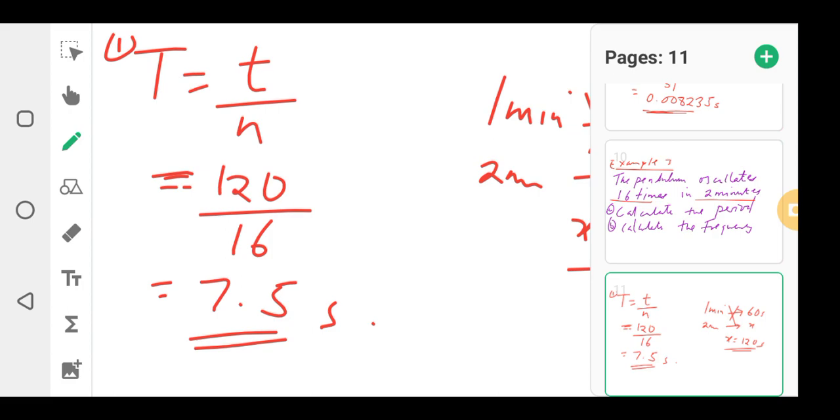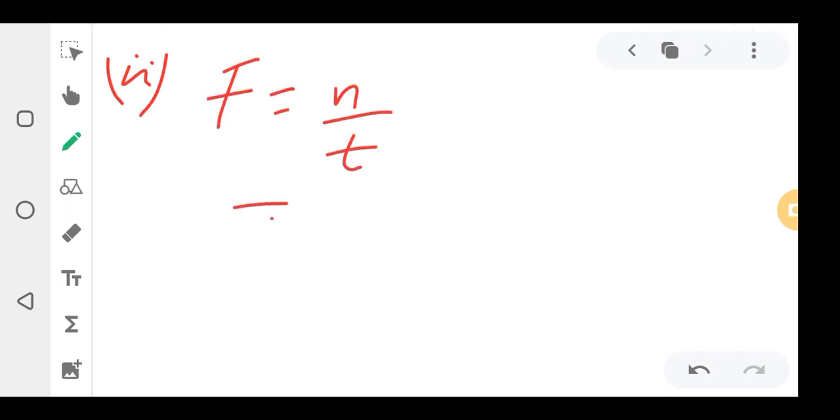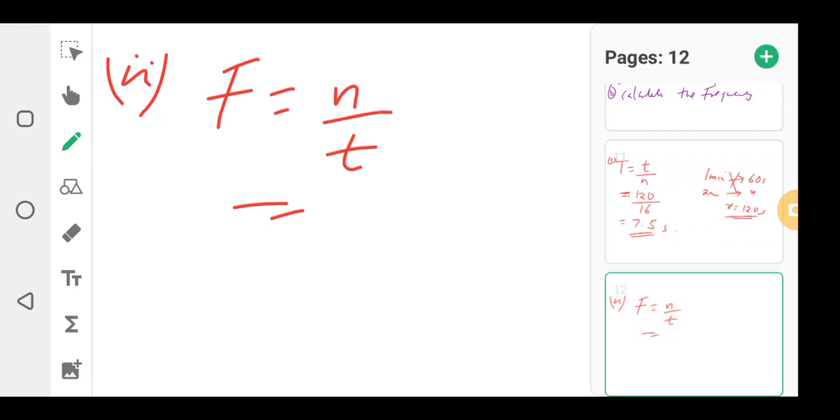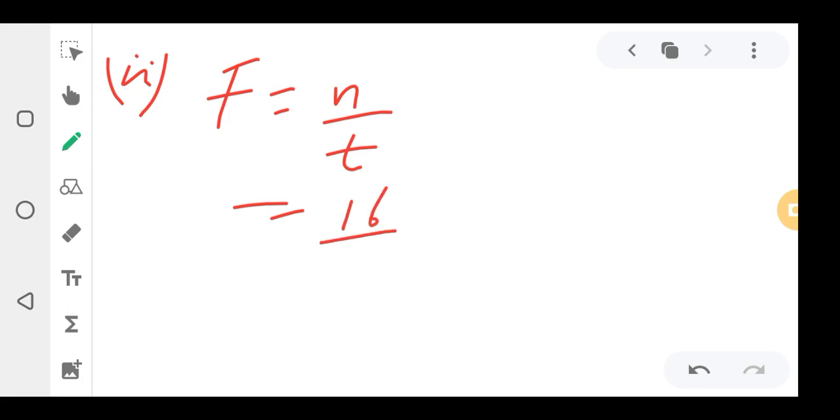What about frequency? That's what I'm calculating now on question 2. Frequency is equal to N over T. We found that the number of turns is 16, divided by the time, which is 120.